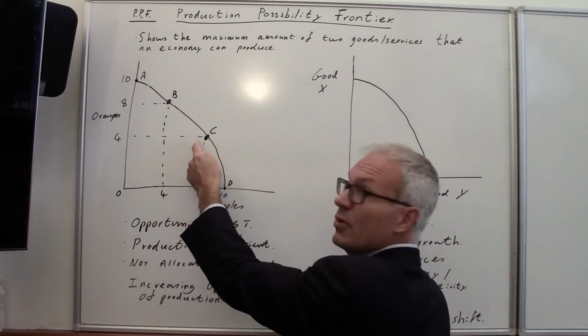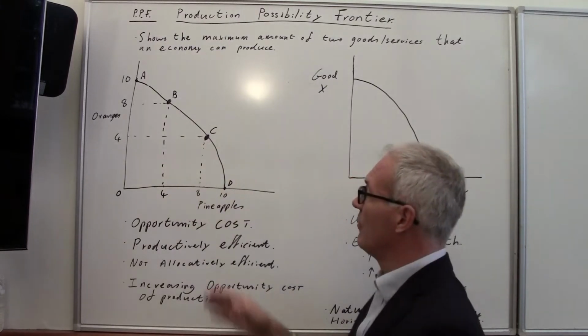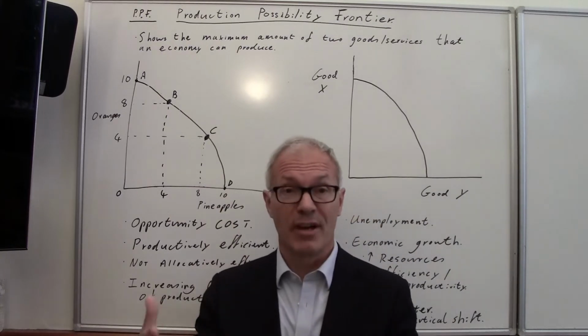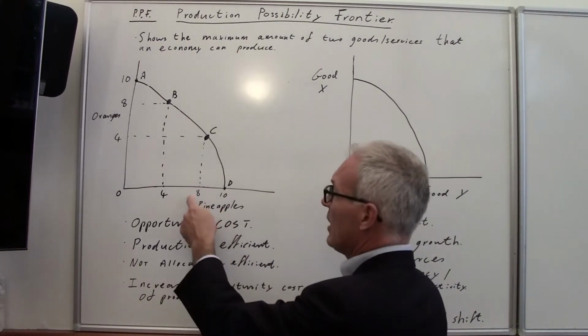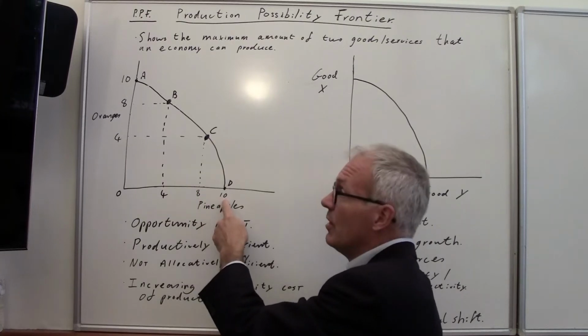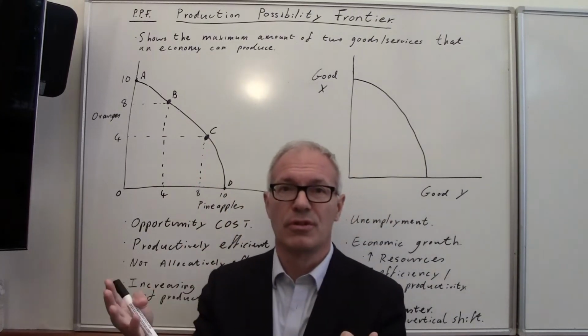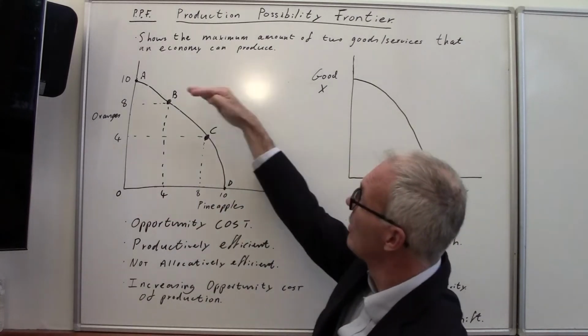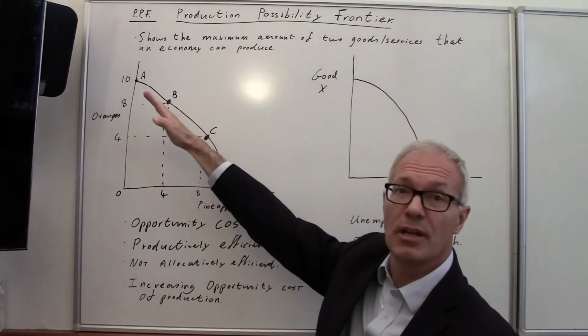Now, of course, we move from point C to D, but the opportunity cost of moving from C to D has in fact become higher. We now gain 2 extra pineapples. We now gain 10 pineapples, but at the cost of 4 oranges. Now, you may wonder, why is the PPF a curve and not a straight line?